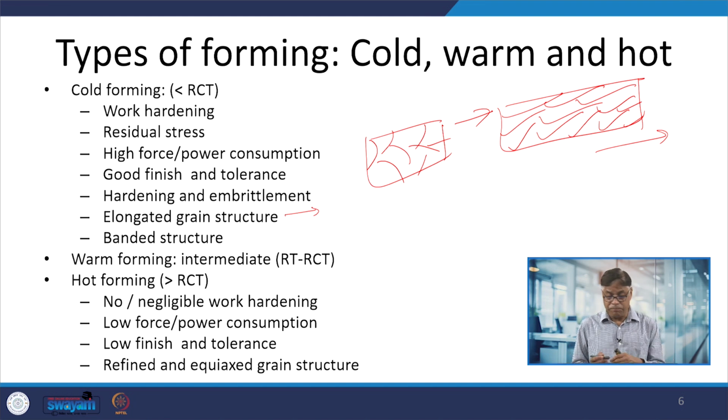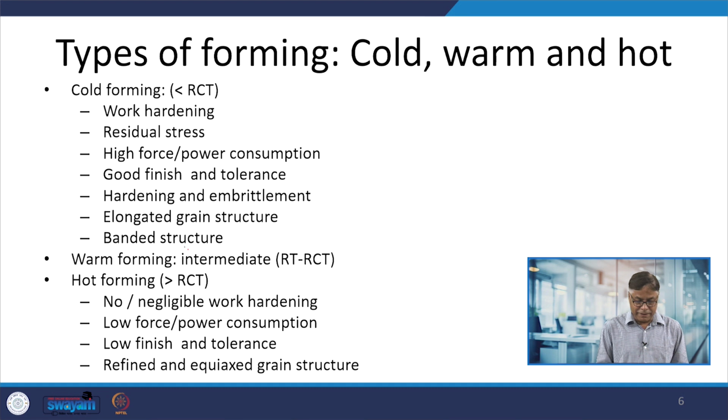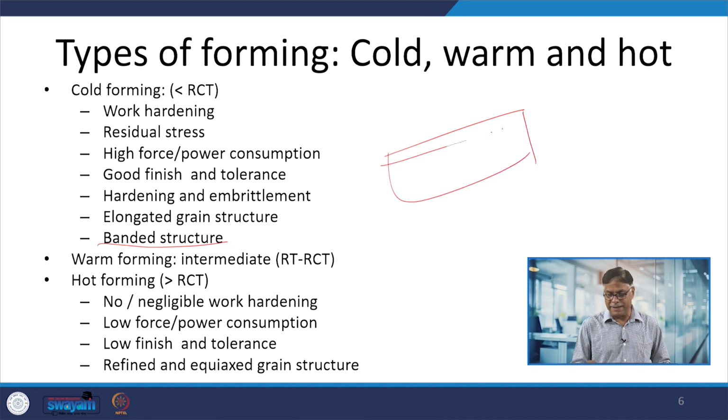That is why we find much improved performance in that direction as compared to perpendicular to it. This brings anisotropy, meaning variation in the performance and properties of the material in different directions. In addition, we frequently come across the banded structure, meaning there will be bands of hard and soft phases.